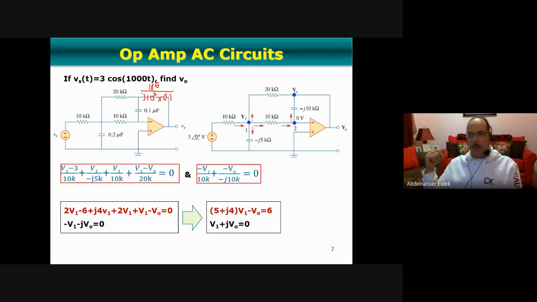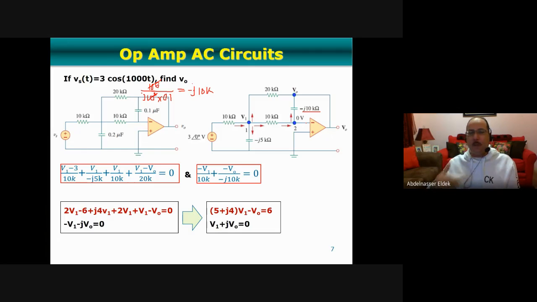You move it up to be 10 to the power of 6. Then you can cancel this with this, and it will be 10 to the power of 3 or 1000. 1000 divided by 0.1 will be 10,000, so it will be 10 kilo. So it will be 1 over j 10k, or negative j 10k, since 1 over j is negative j. So here's this one.